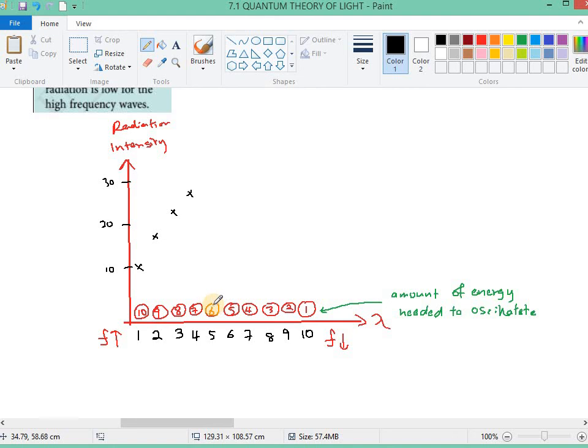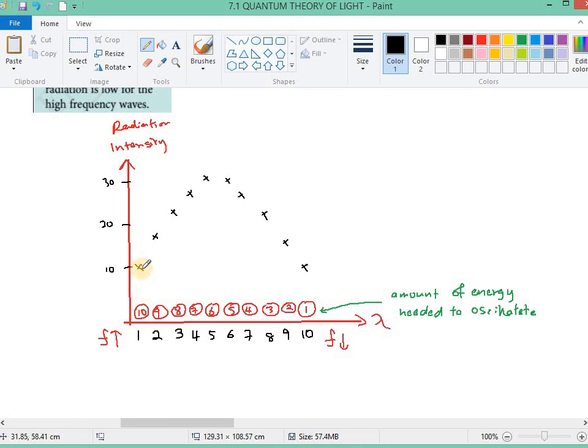This one, 6 is 30. This one, also 30. This one, 28, 24, 18, and then 10. You see or not? You see the shape of the graph.